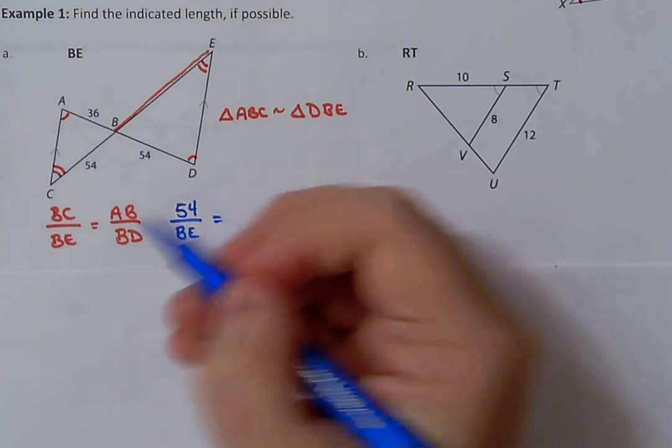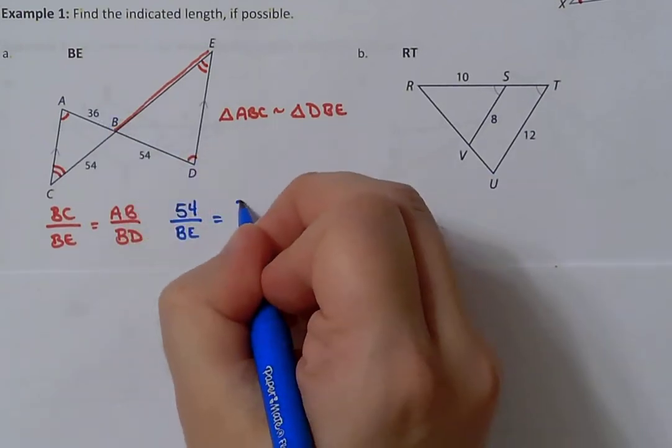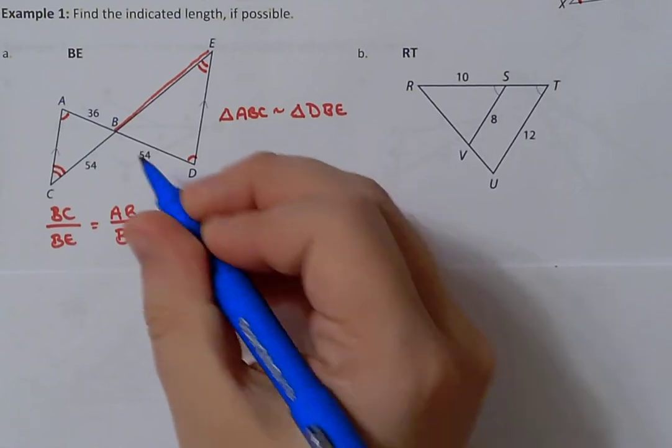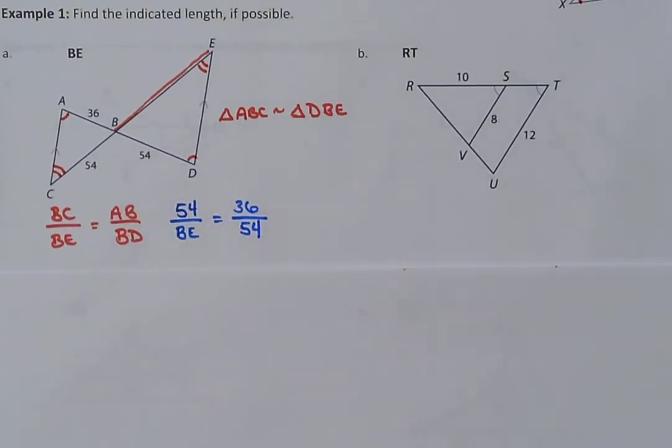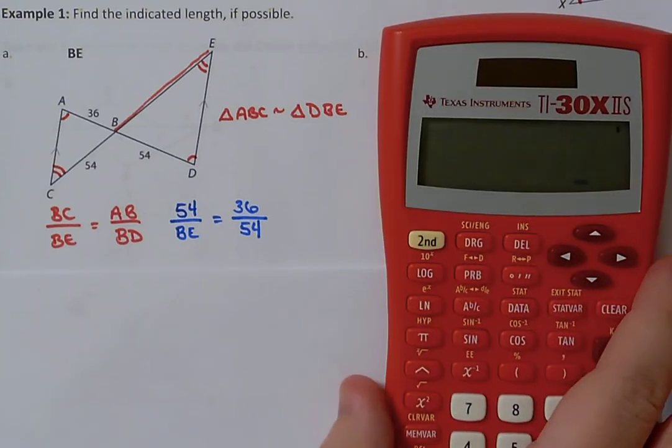That equals AB, which is 36, over BD, which is 54. So now that I have 54 over BE equals 36 over 54, we're going to cross multiply and then divide to solve for BE.